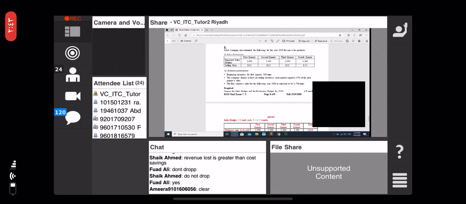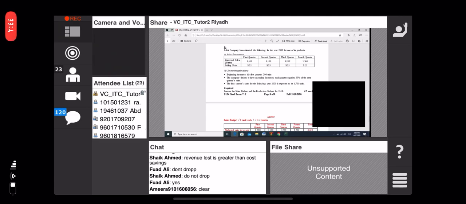For the sales budget, you will go to each quarter and multiply the units to be sold by the price per unit. You need to go for each quarter.